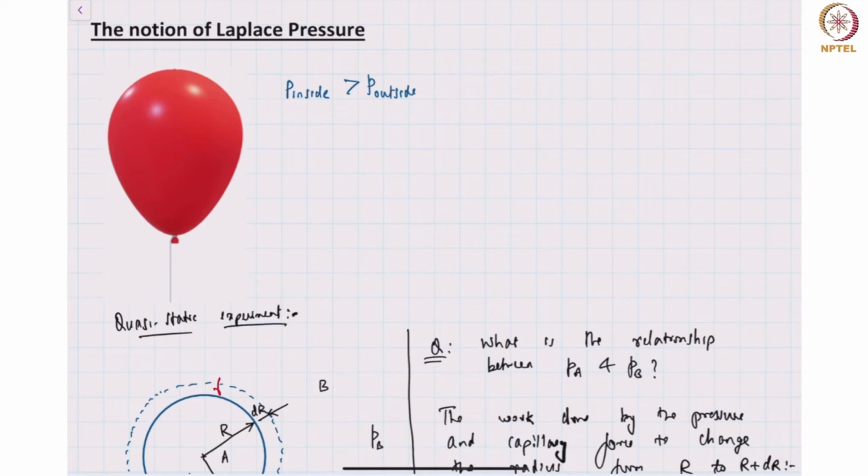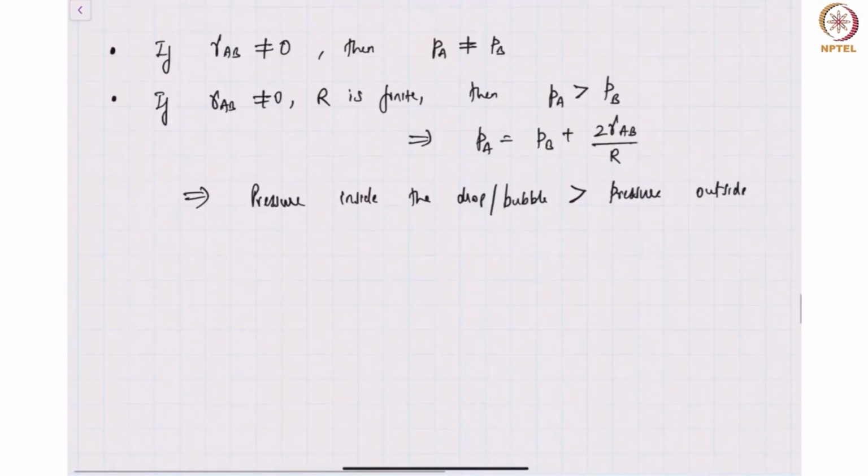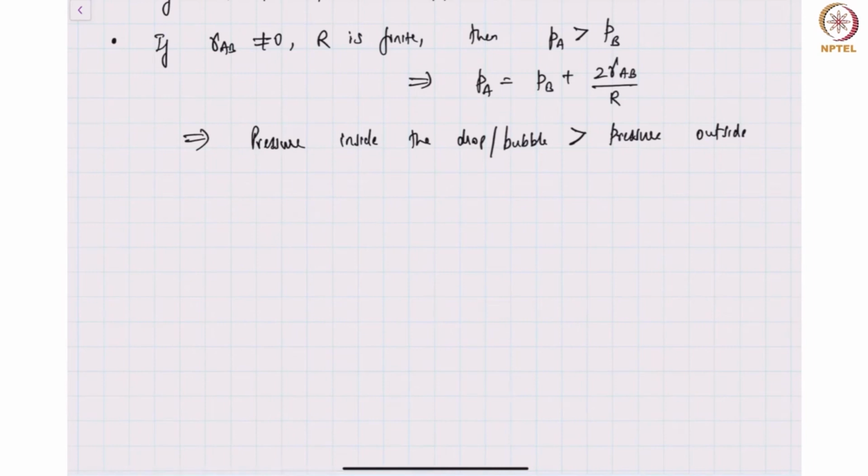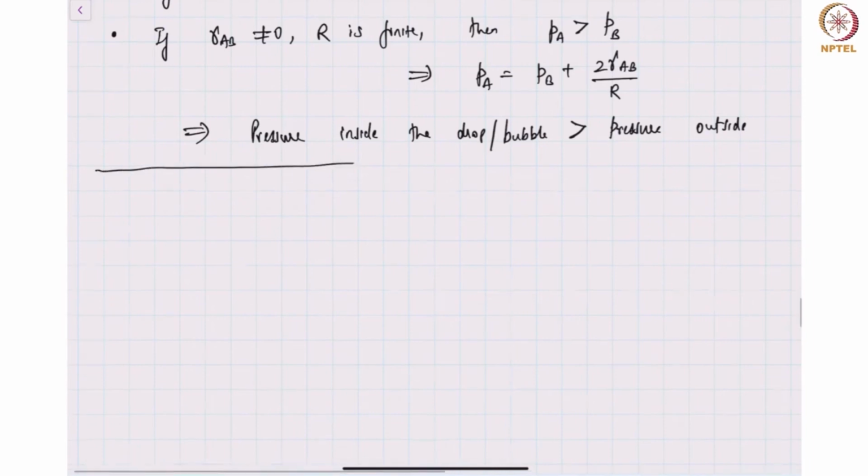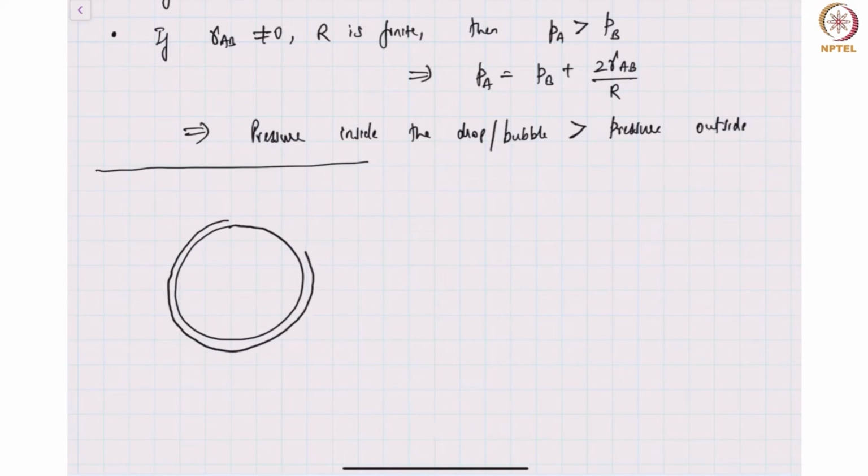Now we can actually even examine it for the case of a soap bubble, and this is something I showed a video of in the introductory lecture. If I take a soap bubble, I'll make a very quick drawing of a soap bubble here. What you have in a soap bubble is two surfaces. Excuse my drawing, but I'm showing that the thickness is quite exaggerated.